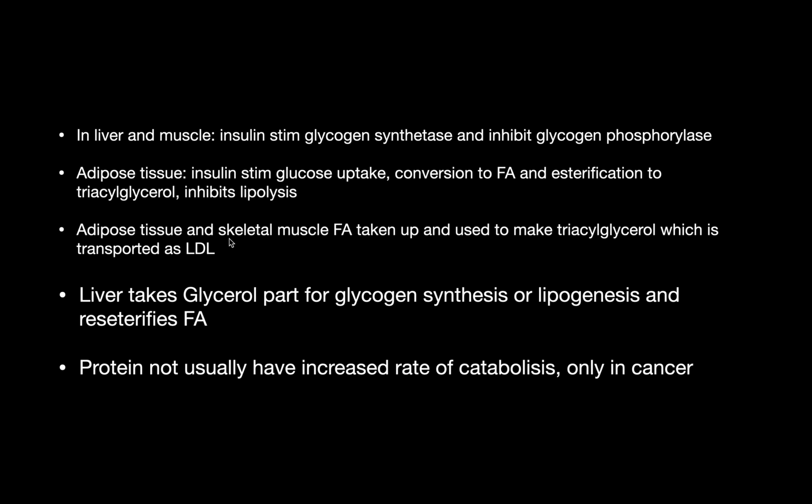In adipose tissue and skeletal muscle, fatty acids are taken up and used to make, once again, triacylglycerol, and then that is transported as LDL. So it's the low density lipoproteins, which is, of course, not good for you. Too much of the transport can build plaques on the sides of the arterial or the venous walls.